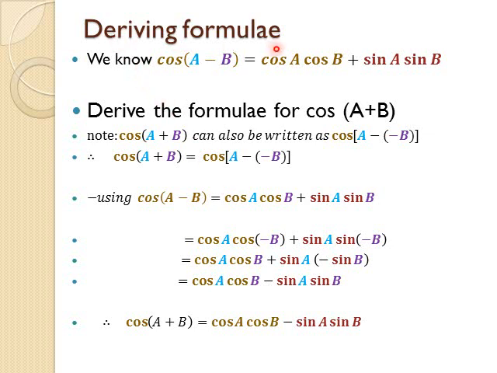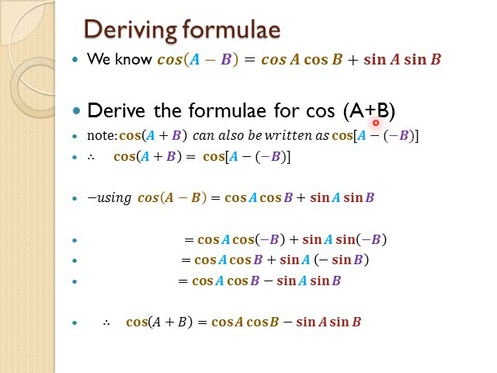Right, so in the first problem, deriving the formula, we know from the previous slide that cos(A - B) equals cos A cos B plus sin A sin B. Now in an exam we would say, given this, derive the formula for cos(A + B). So that was A minus B, now I have A plus B. So I must write this with a negative: cos(A + B) can also be written as cos(A - (-B)).